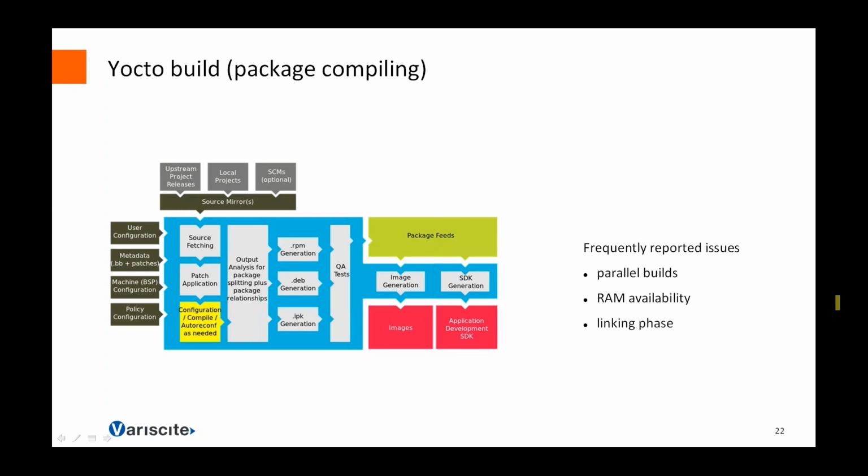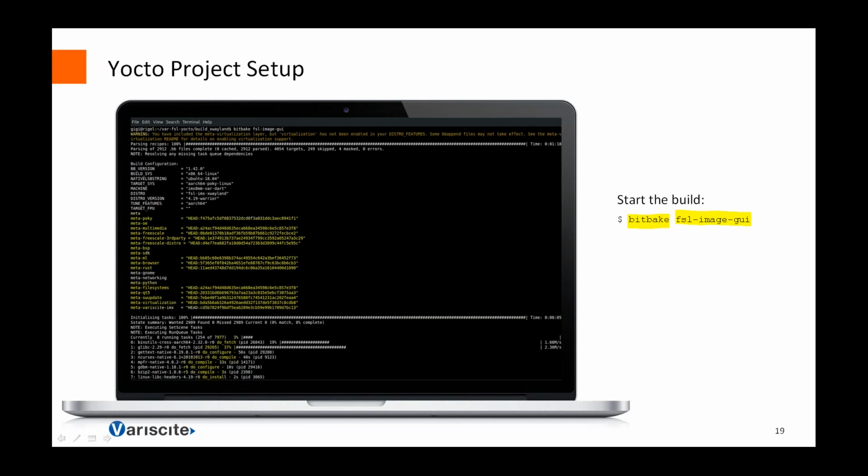This has a side effect, because if you have several cores, you can experience low RAM availability, because each core will run different aspects of the build. I don't know if you remember when I was talking about slide 19, I said that every single package was performing a specific task.